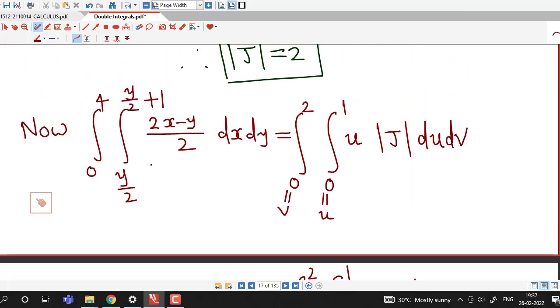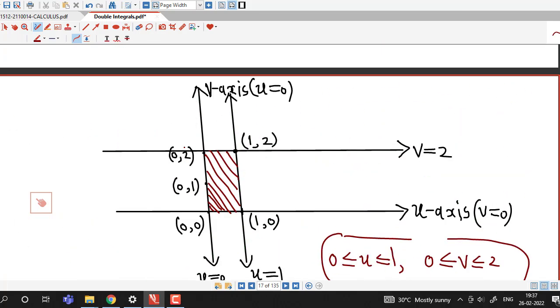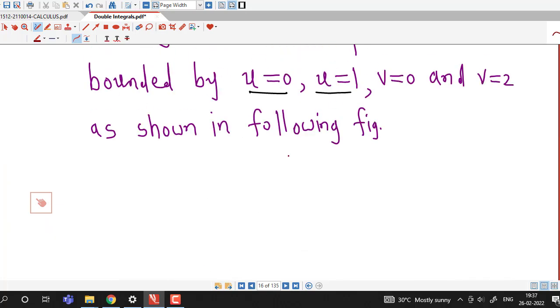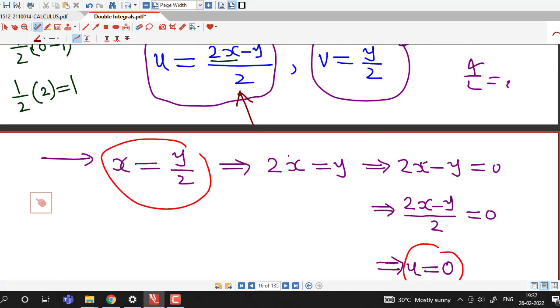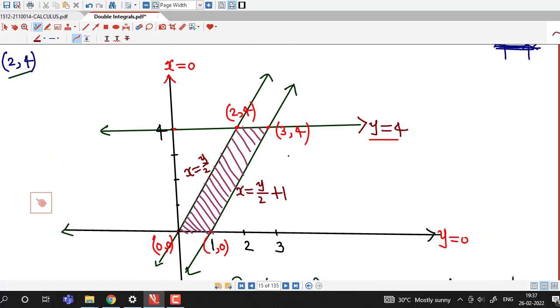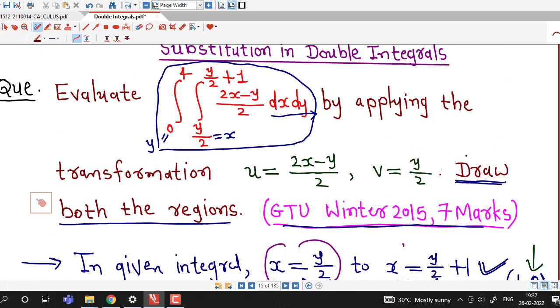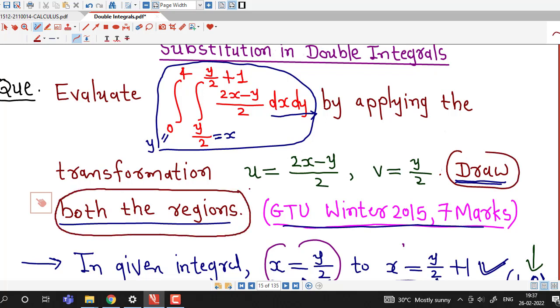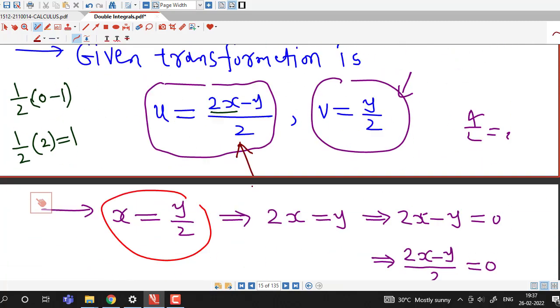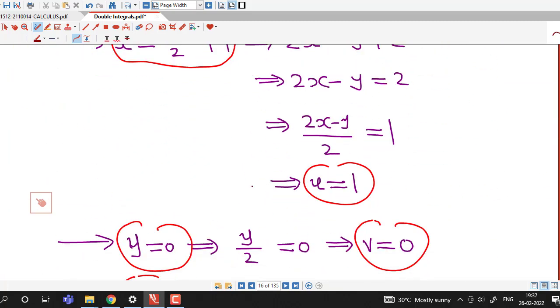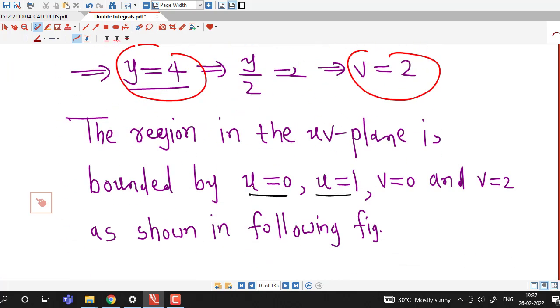So in this way we can evaluate the given double integral by using the given transformation. So here you can see this region in the UV plane is a rectangular region. It is easy to integrate in a rectangular region as compared to this type of non-rectangular region. Here you are asked to draw both the regions, but suppose this is not specified, then it is not necessary to sketch the region of integration, because we can see after applying the transformation the limits of integration are constants.